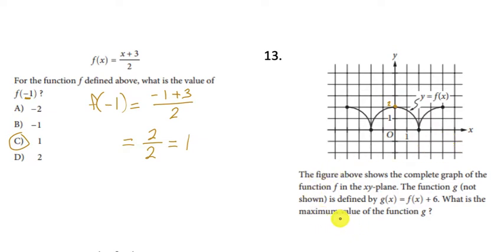Whenever they say maximum value, they're referring to the y coordinates. The highest y coordinate of f of x is 2. G of x is f of x plus 6. So all we're going to do is add the maximum value here to 6, and that'll give us 2 plus 6, which equals 8. And this is our answer.